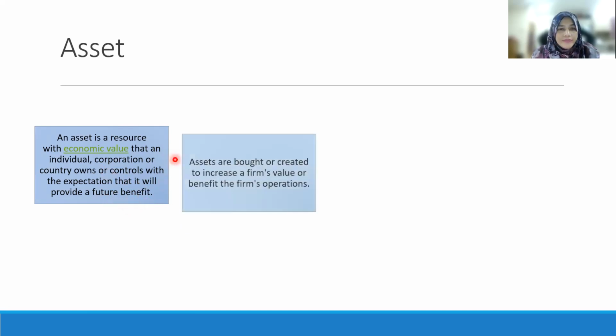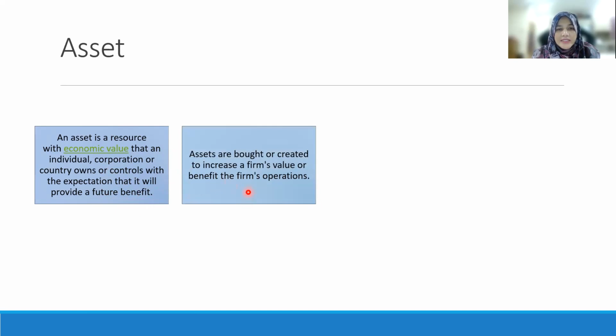Okay, and then assets are bought or created to increase the firm's value or benefit the firm's operation. So whether it is a building, a motor vehicle or machinery, it is bought or created to increase the firm's value. What does increasing firm value mean? Of course, it can be used to run the business.